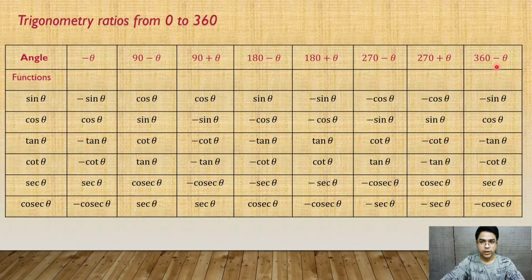For 360 minus theta, it will be the same as it is: sin will be sin, cos will be cos, tan will be tan, cot will be cot, sec will be sec, cosec will be cosec. And here, as it is the fourth quadrant, only cos value and sec value are positive. Hence, further, we are going to the next slide.